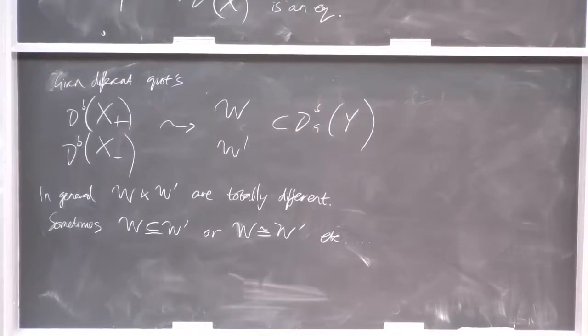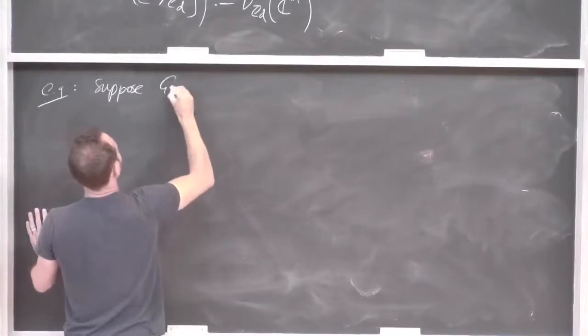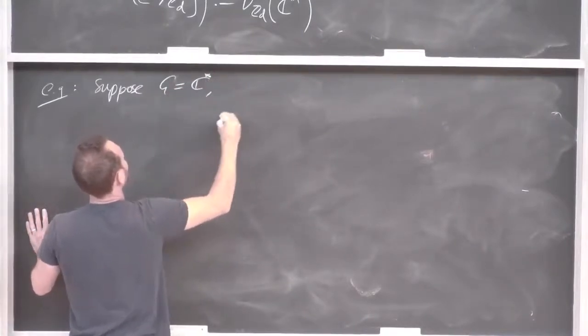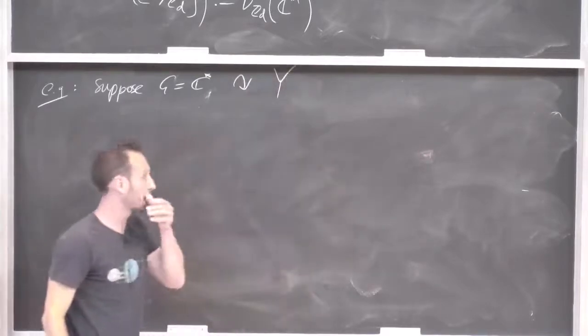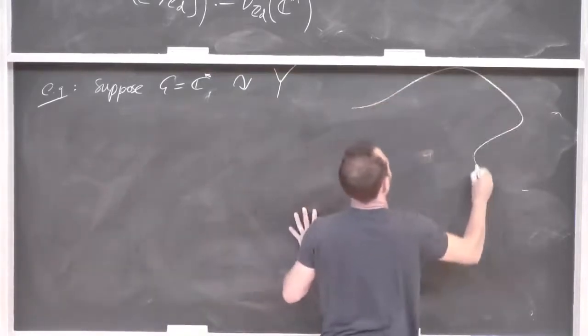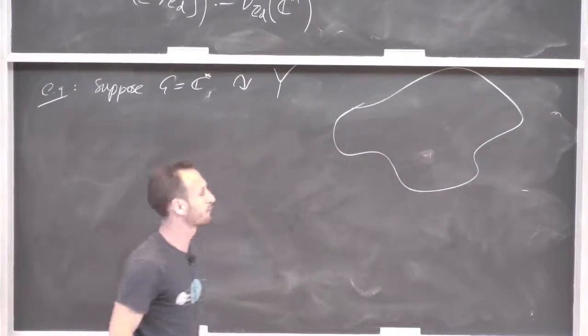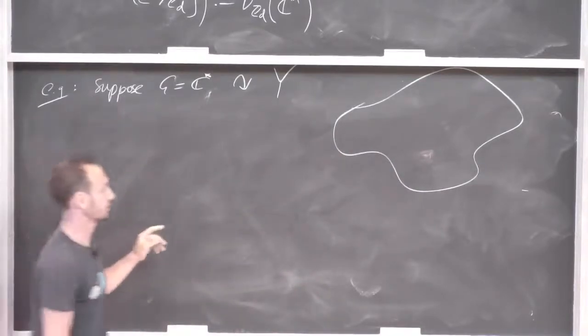Let's suppose our group is just C star, and it's acting on some space Y, but I'm not going to assume that Y is just a vector space. I'm going to imagine that Y is some big, complicated, nonlinear thing about which I know nothing at all. But for simplicity, let's assume there's a single fixed point of this action, okay?